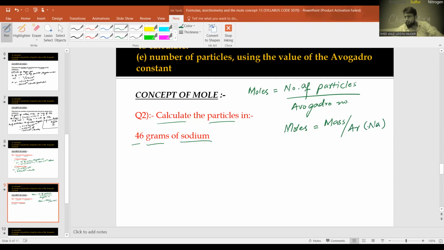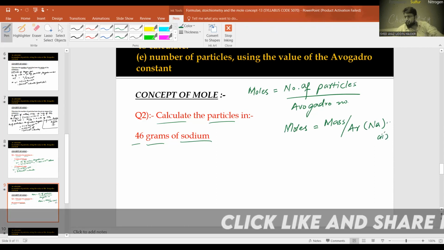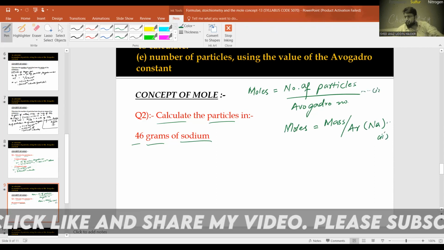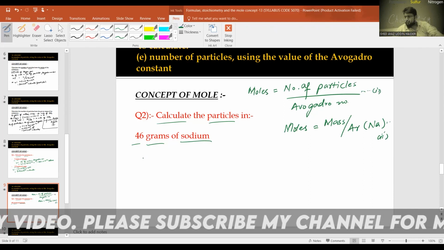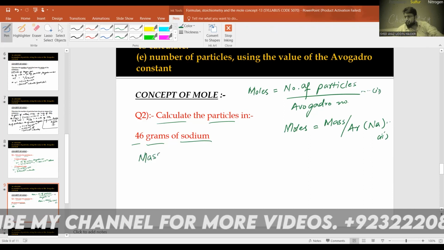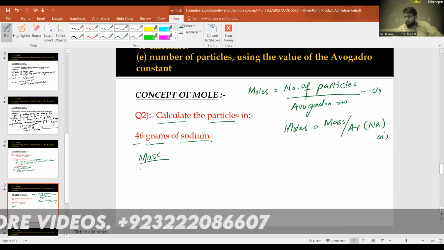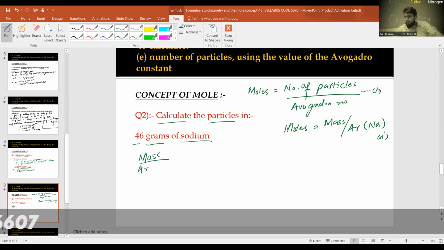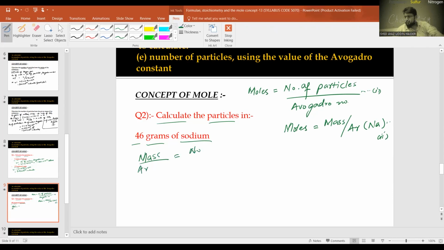So putting the value of moles, that's equation number 2, in equation number 1, we will get mass divided by AR is equal to number of particles divided by Avogadro number.